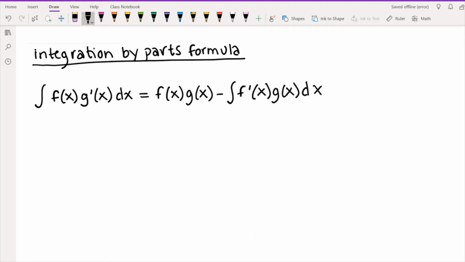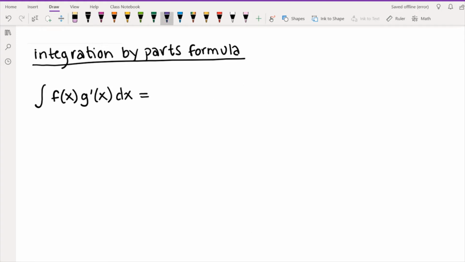Actually, I meant to do this in my colors, so let me do that because I think it will help with the next step. So we have our f of x, we have our g prime of x, and then we have f of x, g of x, minus the integral of f prime of x times g of x.